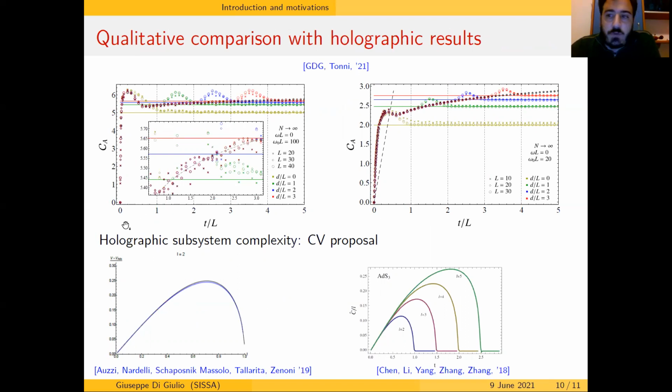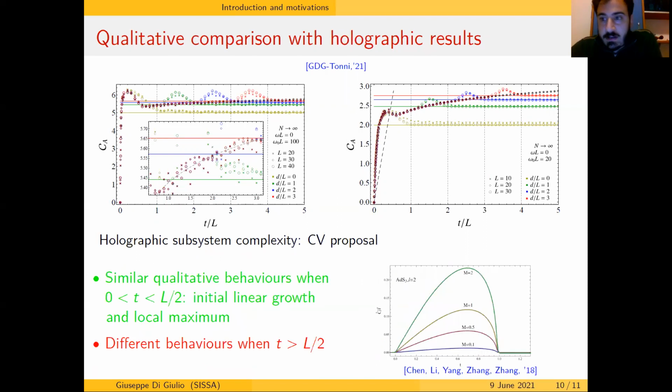Here we see that for early times you have some common features, like for instance that after the initial growth, both the results exhibit a local maximum and then a decrease. And then there is this point in which the regime changes, that is approximately t over L equal to 1/2. And this value of time is exactly the same, both on the lattice and holographically. Then we have also another common feature that occurs in the initial time regime.